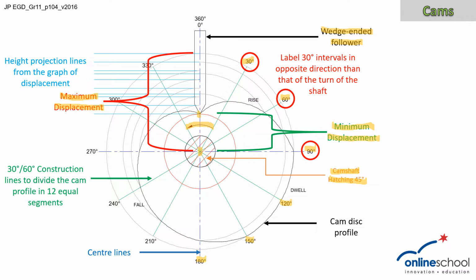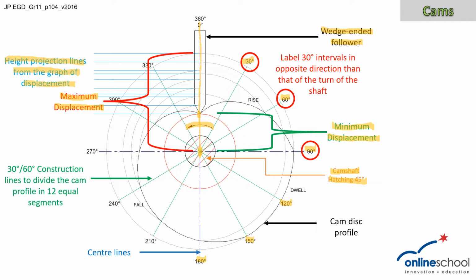And then we will determine through construction all the heights that come from our displacement graph. All of these heights are projected from the graph onto the vertical center line of our cam disk profile. So these projections of the different height intervals must meet up with this vertical center line.